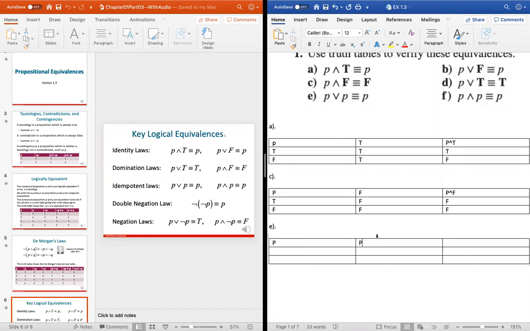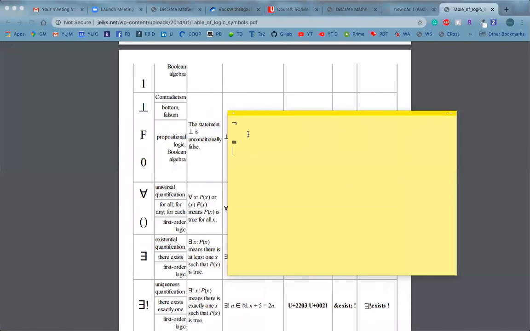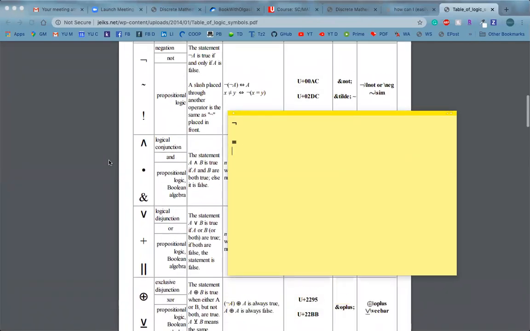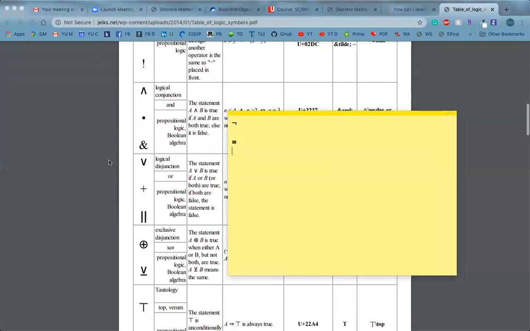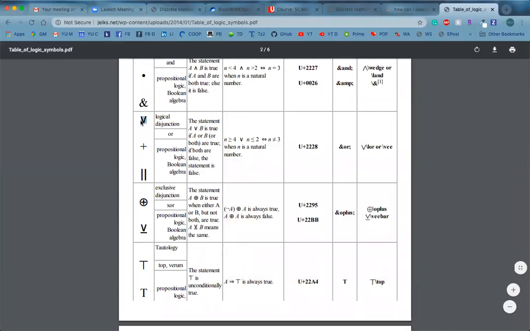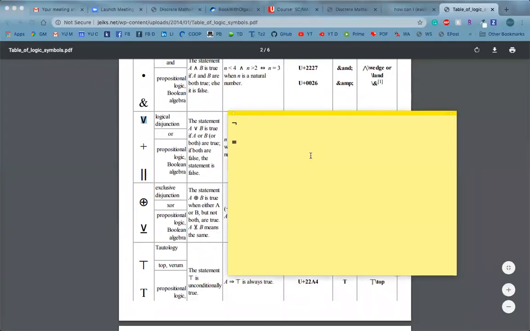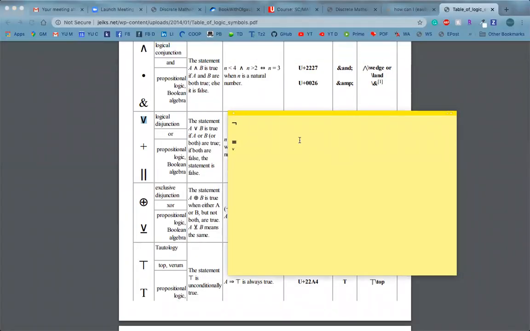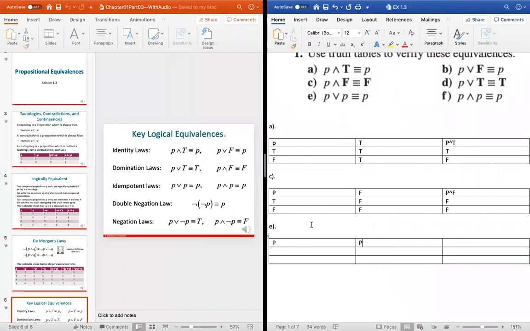So in fact, I can write P or, let me get the symbol. So P or P, and then for P, we have true or false.